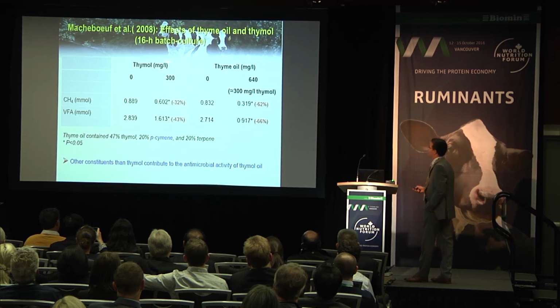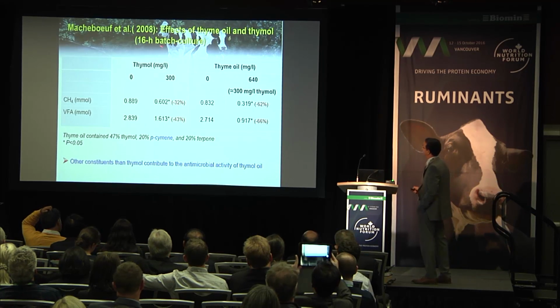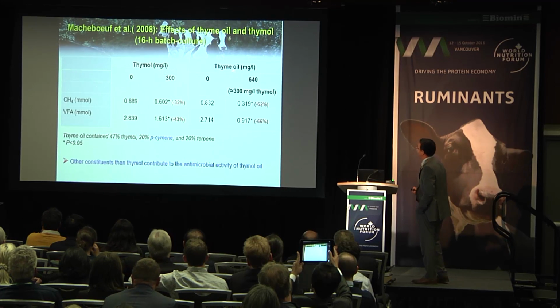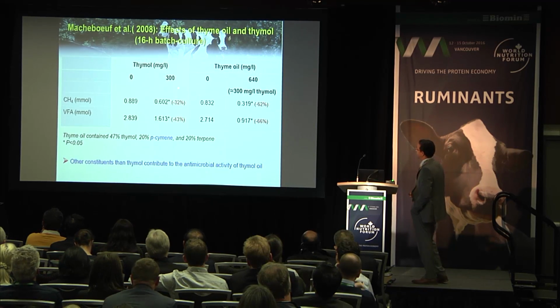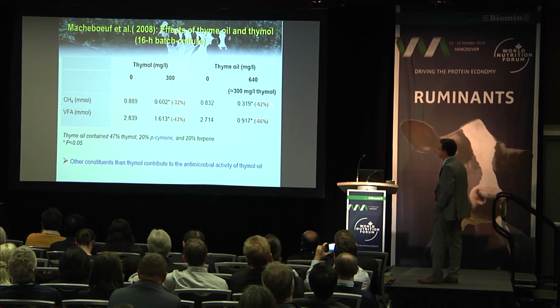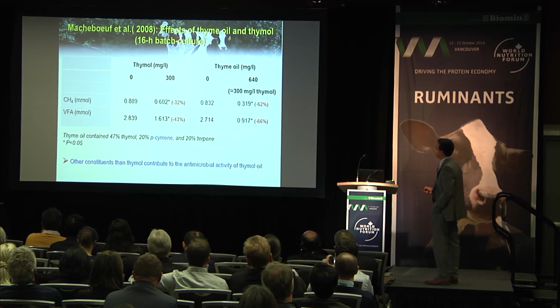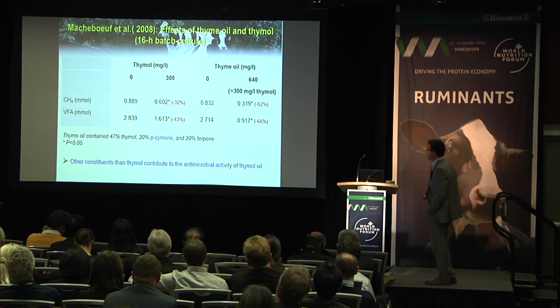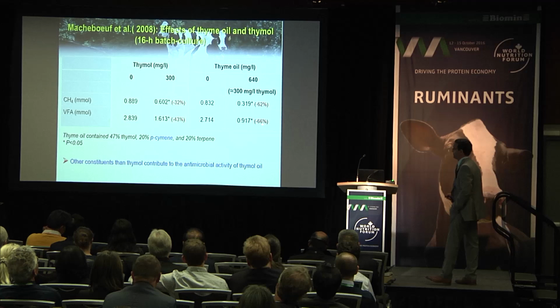This slide is from Macheboeuf et al. from INRA in France. They investigated the effect of thymol and thyme oil at a concentration of 300 milligram per liter. As you can see, both thymol and thyme oil decreased methane production in vitro. This is 16-hour batch culture, but at the same time, again, VFA production was also inhibited.